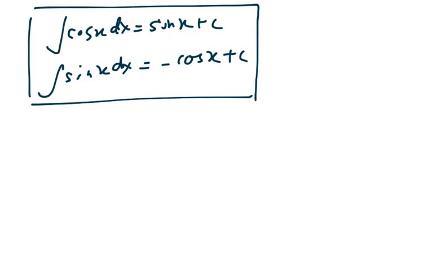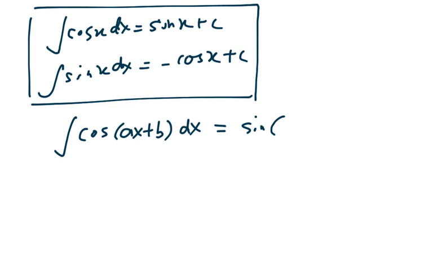So now let's look at if you are given integration of cosine in bracket ax plus b. What can you do? The rule is, when you have to integrate cosine of ax plus b, you will be getting sine of ax plus b. Please remember that the angle doesn't change.